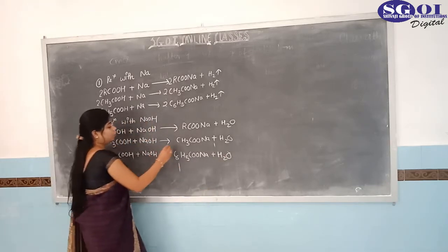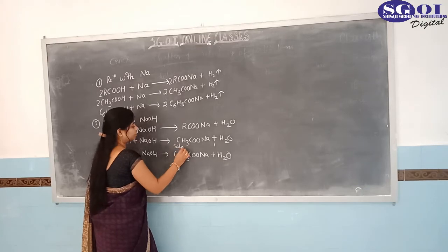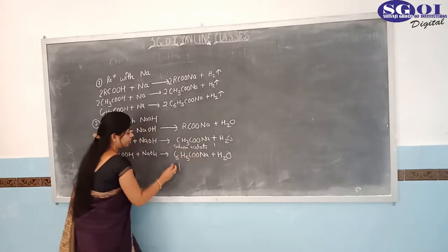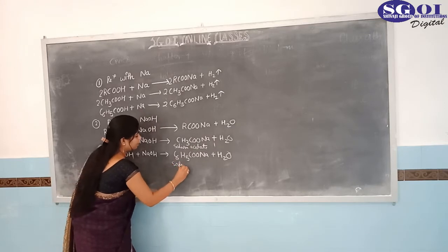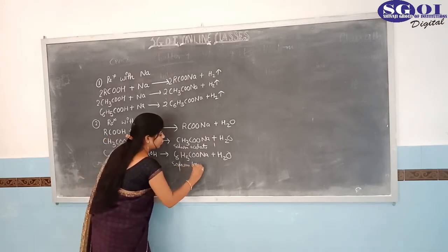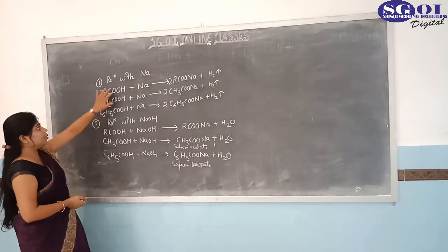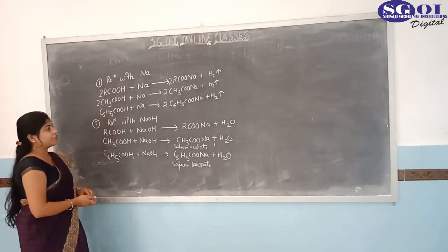Okay, it is sodium acetate, and it is sodium benzoate. Now these two reactions are done. Number 1 reaction with Na and number 2 reaction with NaOH.